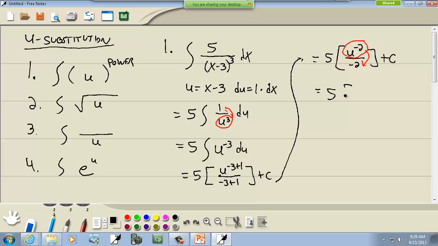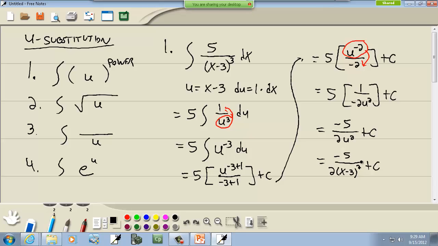And we get 5 times 1 over negative 2 u squared plus c. Multiply that through, and I'll put the negative up on top, so that gives us negative 5 over 2u squared plus c, and u was x minus 3. So we got negative 5 over 2 times x minus 3 squared plus c. And that's our answer.